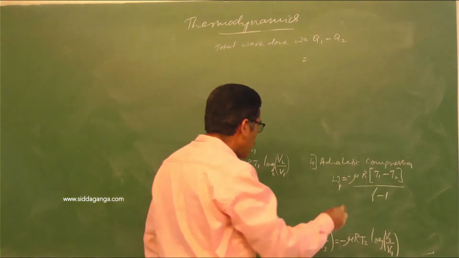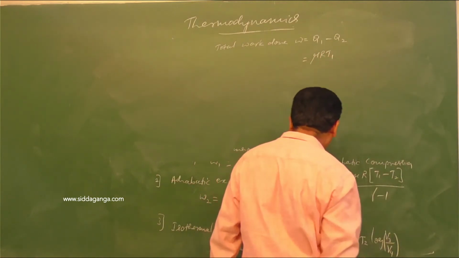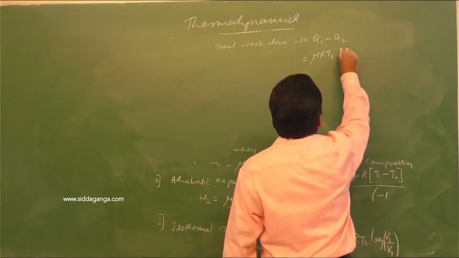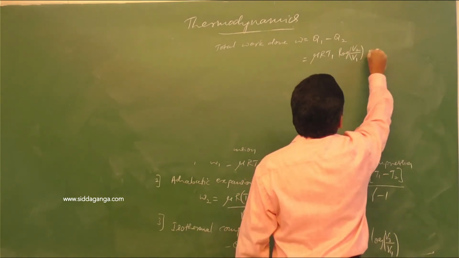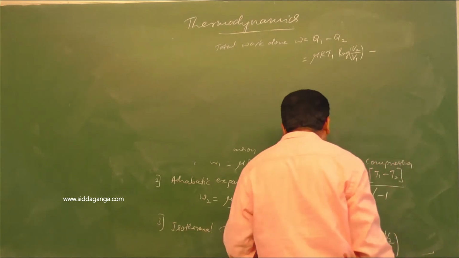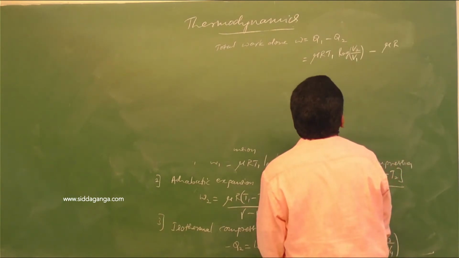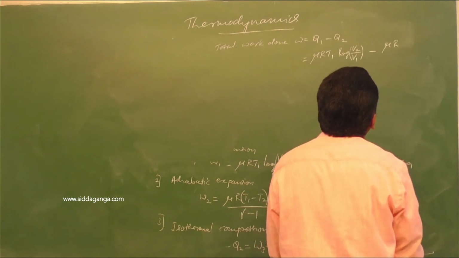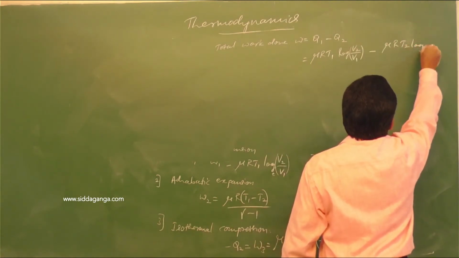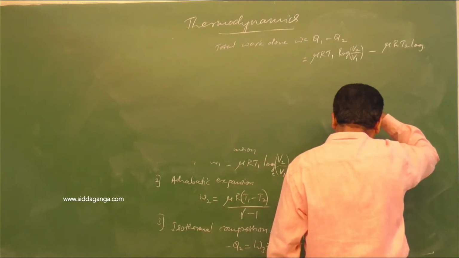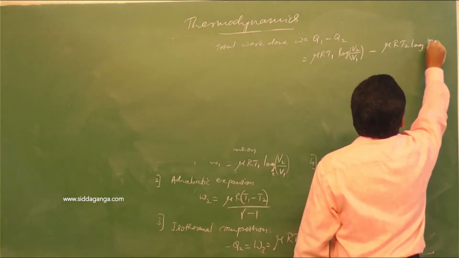So you are going to get mu R T1 log V2 by V1 minus Q2, which is given by mu R T2 log V3 by V4.